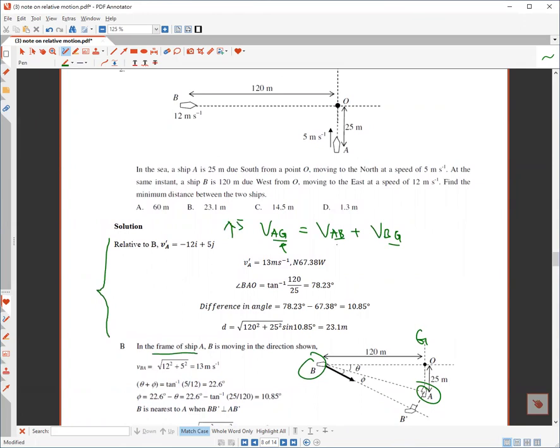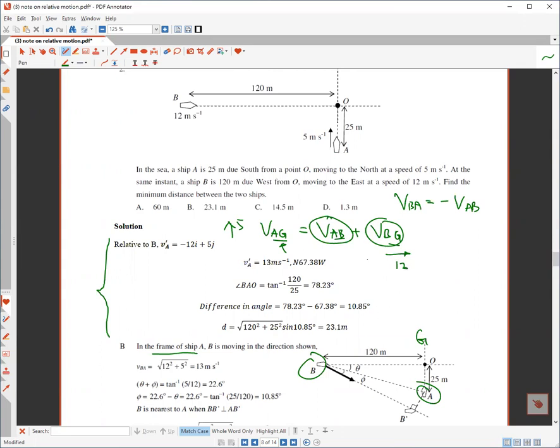And VAB is the relative velocity, the velocity of A relative to B. But if you want to find the velocity of B relative to A, it will just be the minus of the velocity of A relative to B. And then VBG is the velocity of 12 to the right.